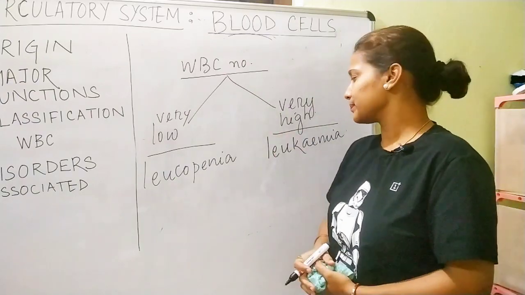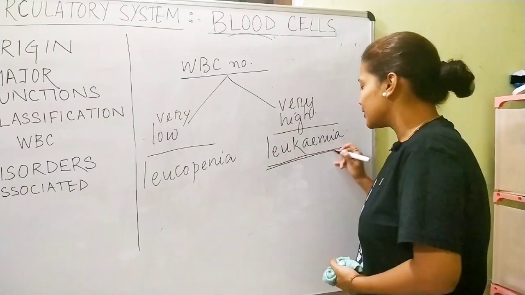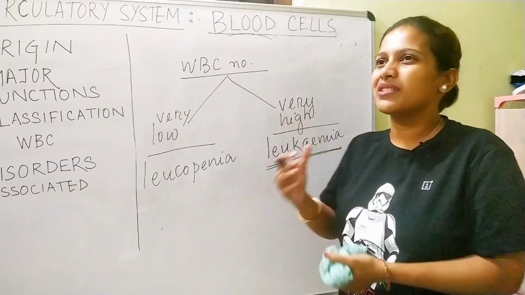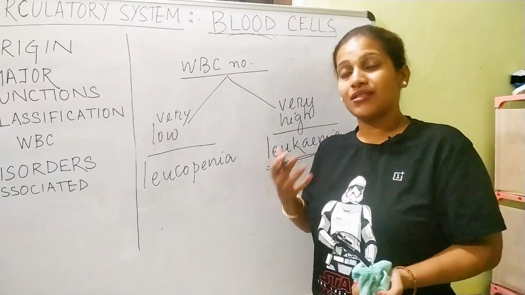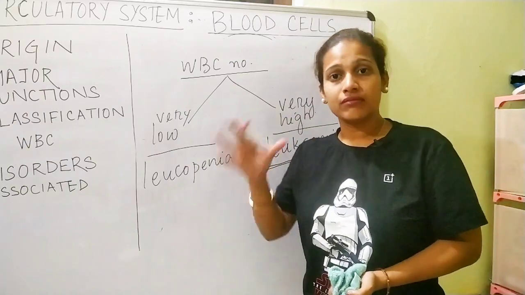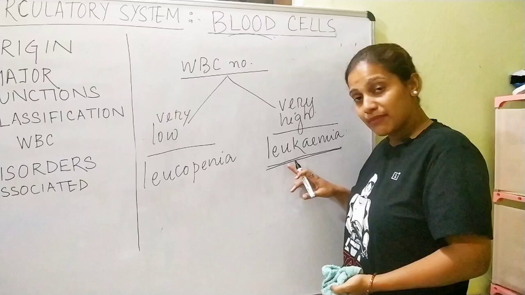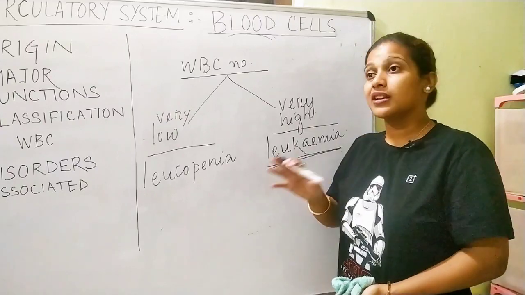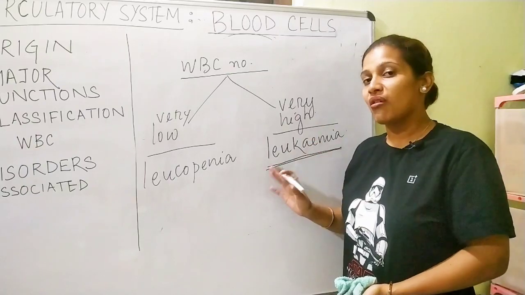Now in some books they say that it is a condition in which the WBC number is just high, but it's not just that case. It is not that simple. If the WBC number is slightly high, some sort of infection is there. But if it is a case of leukemia, it is massively high, and massively high means it is a sort of cancer.